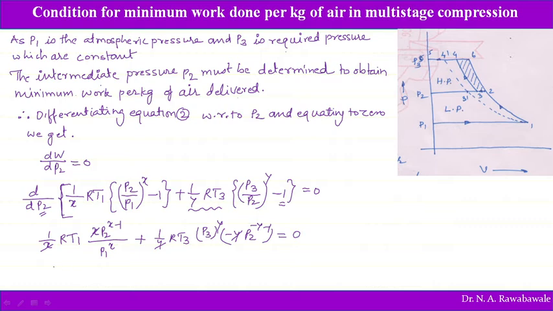So rewriting this equation as R T1, P2 to the power of x minus 1 divided by P1 to the power of x, minus, this minus sign is here, R T3, P3 to the power of y divided by P2 to the power of y plus 1.